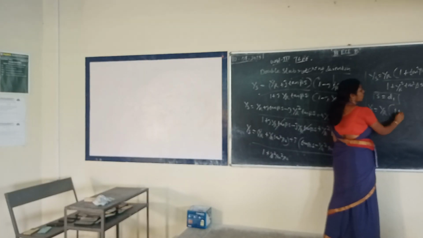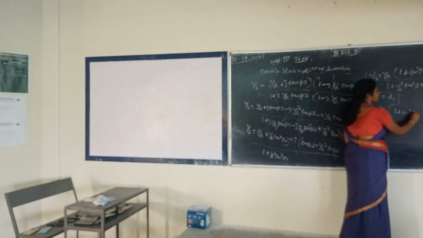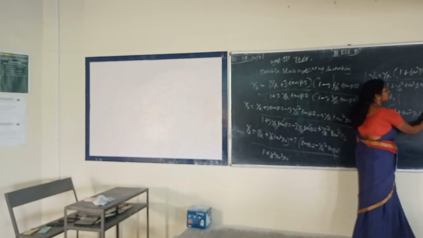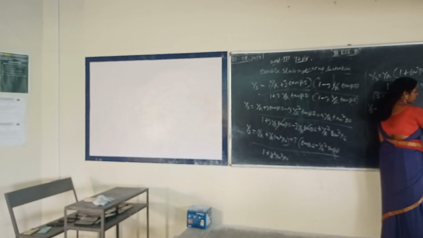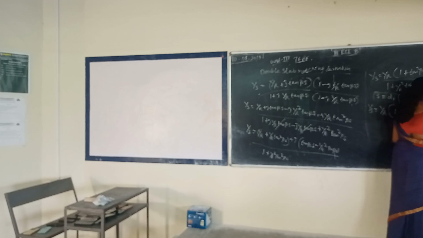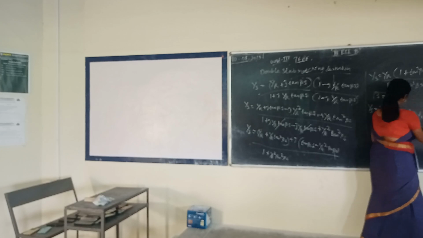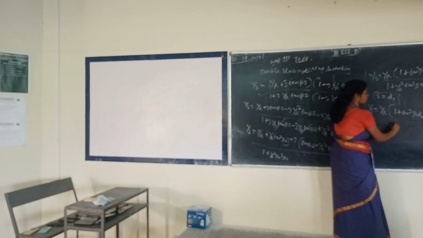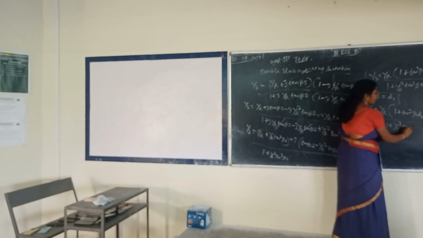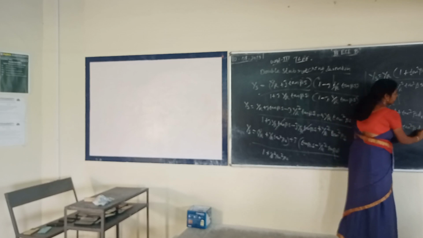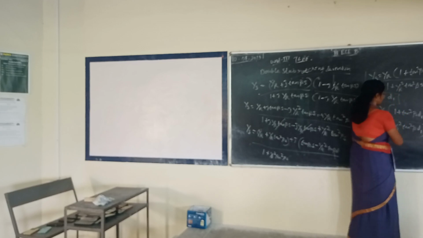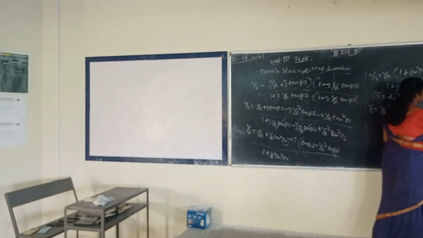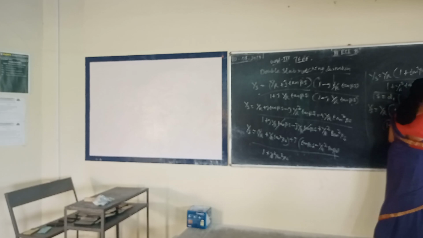Just change it: 1 plus tan square beta V1 plus j tan beta V1, 1 minus Y r square, by 1 plus Y r square tan square beta V1. So this is equation number 5.